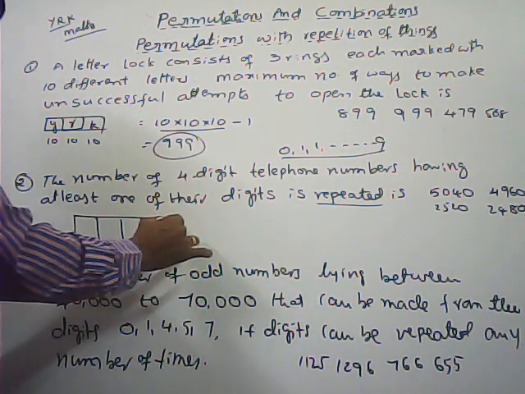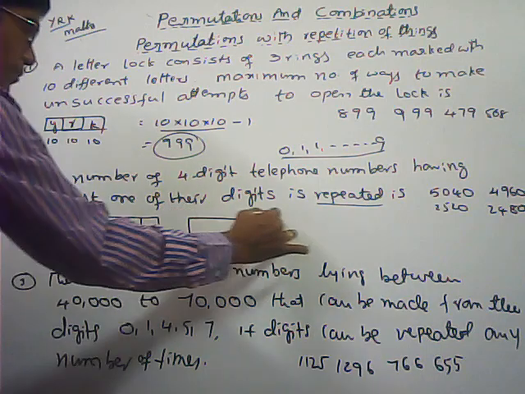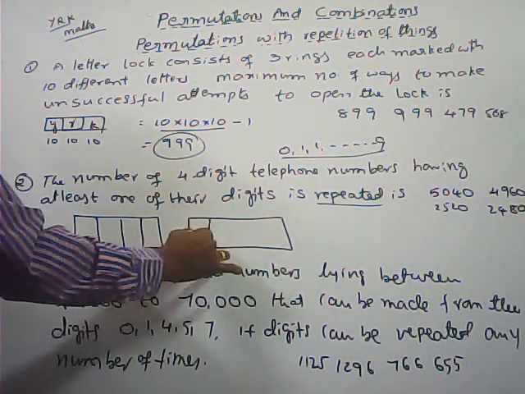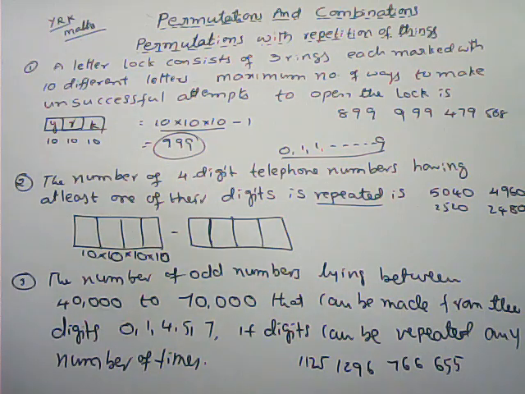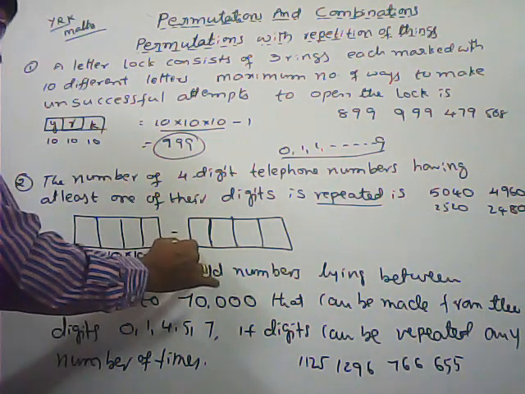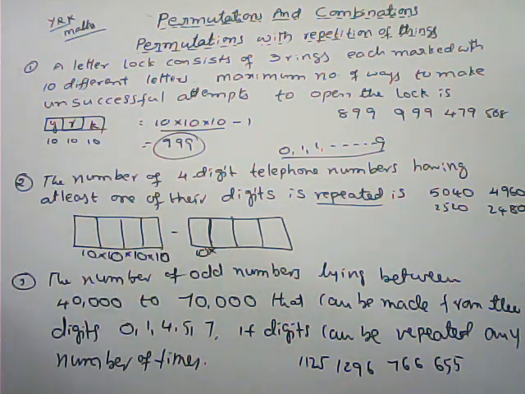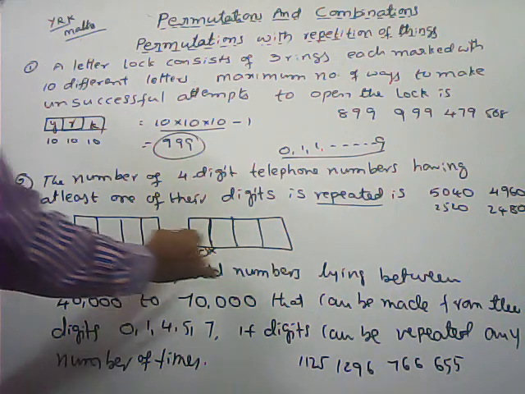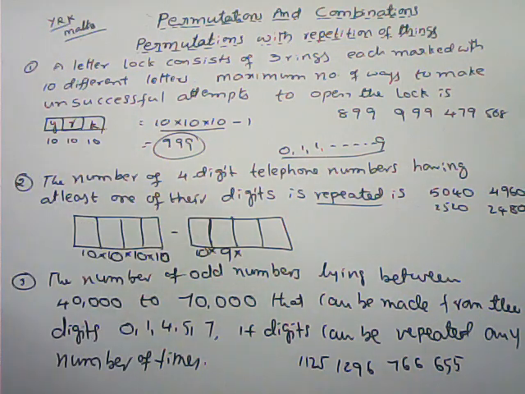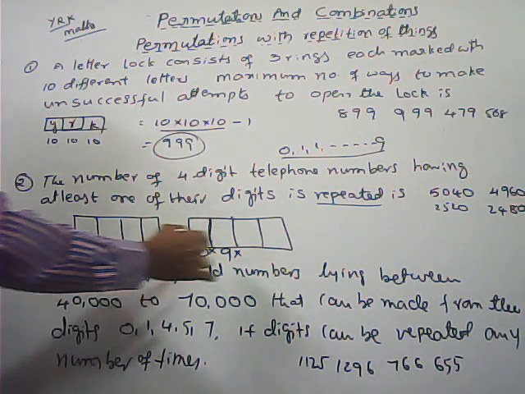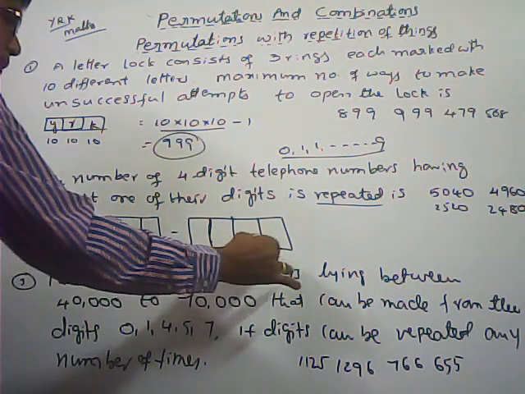Minus. Here what I am subtracting is the case where none of the digits is repeated. So this one we can keep in 10 ways. That one we can keep in 10 ways. This one we can keep any one of the remaining 9 digits. Here 8, here 7.